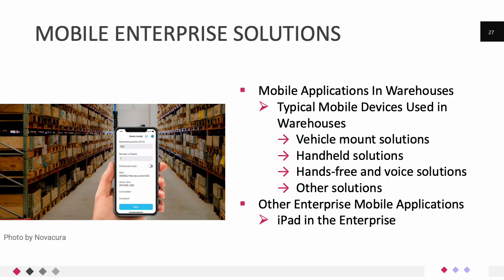Some are mounted on a forklift, some are handheld scanners, like super advanced game controllers, and some are even hands-free, where you talk to the computer and it talks back, telling you where to go. This helps them find products super fast and ship orders accurately.